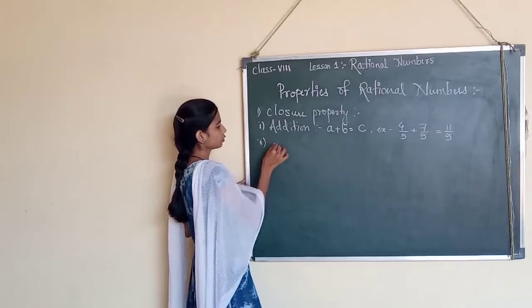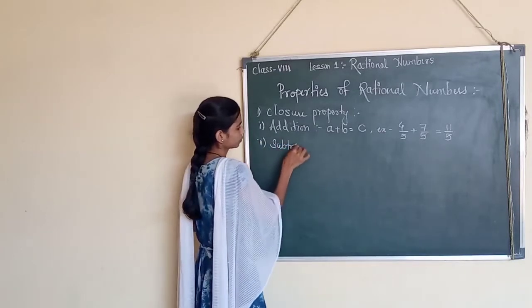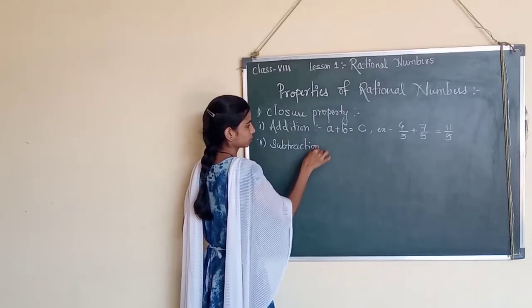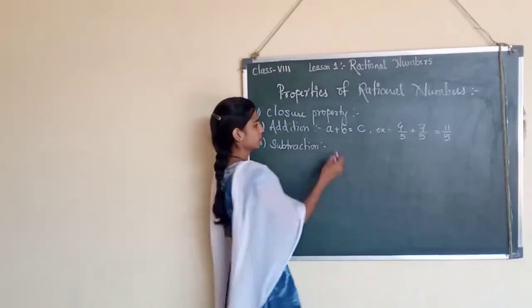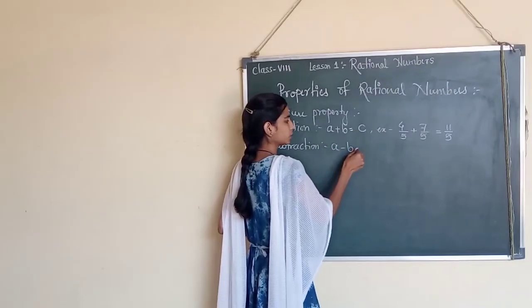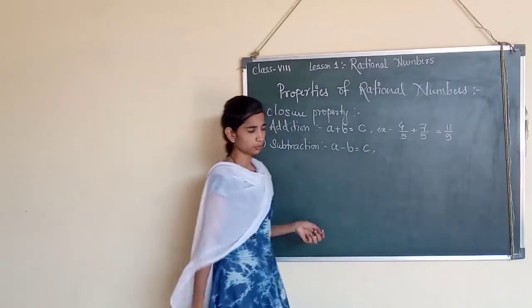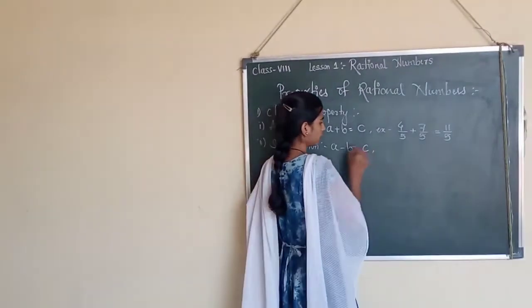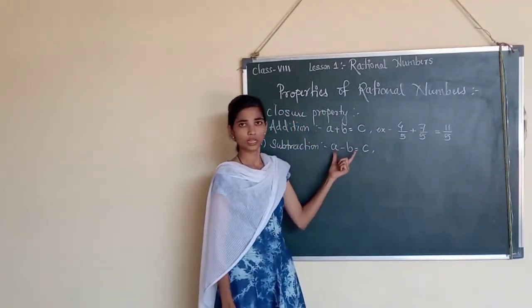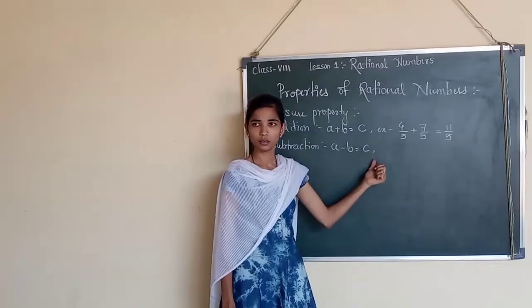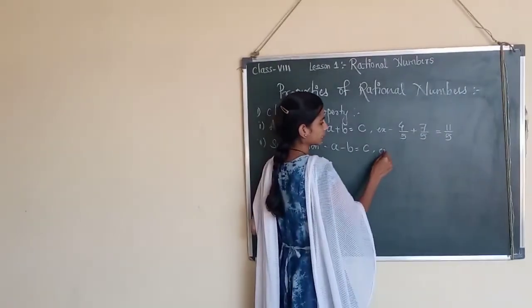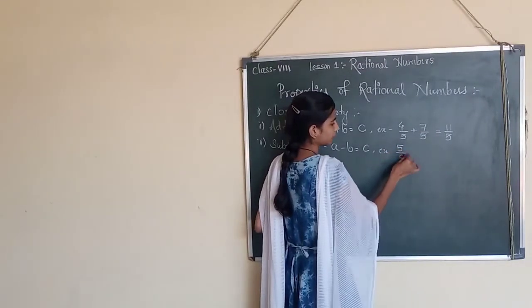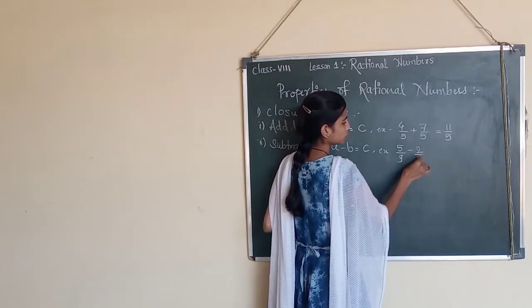Now for subtraction. Subtraction of any two rational numbers will be a rational number. Means if you consider any two rational numbers, their subtraction will be a rational number. So we will see an example. 5 by 9 minus 2 by 9.